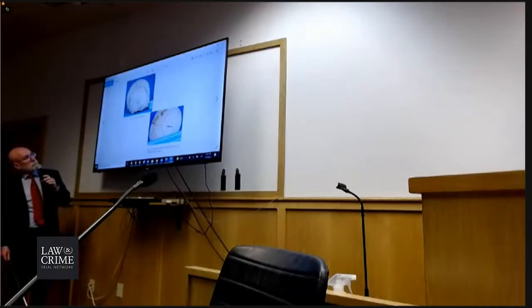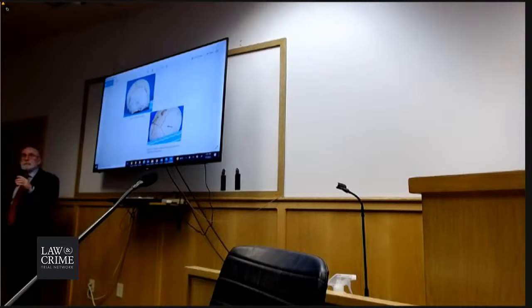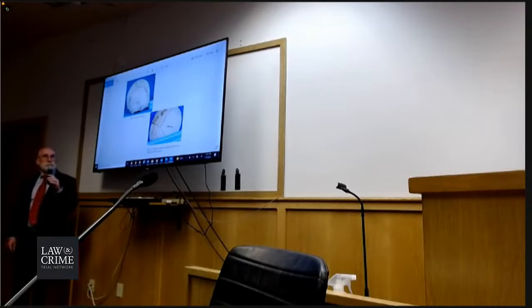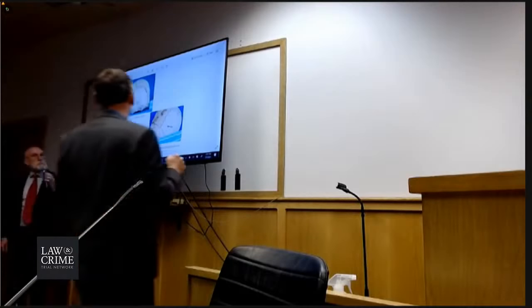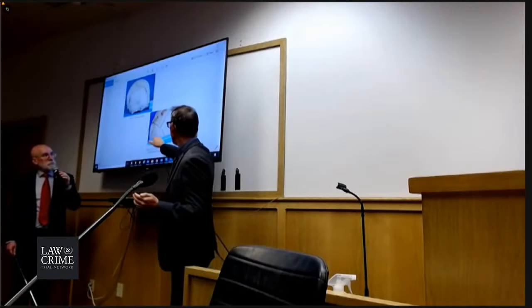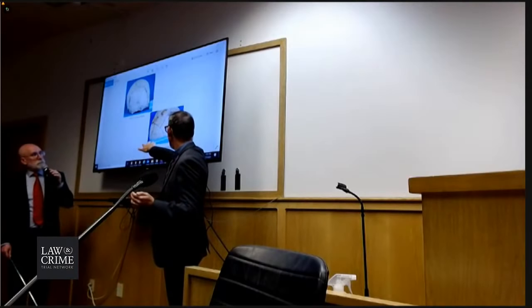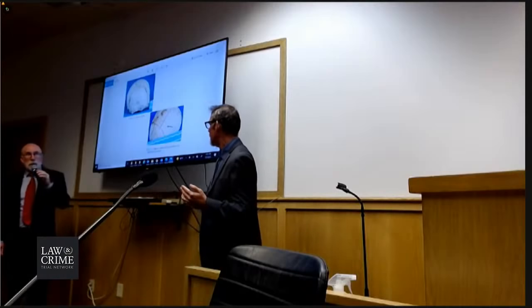These are also photos that were included in Dr. France's report as well, correct? That's correct. Yes. And what we know from your own observations and from Dr. France's report is that there's animal scavenging marks in figure 10 here, the superior part of the cranium, correct?